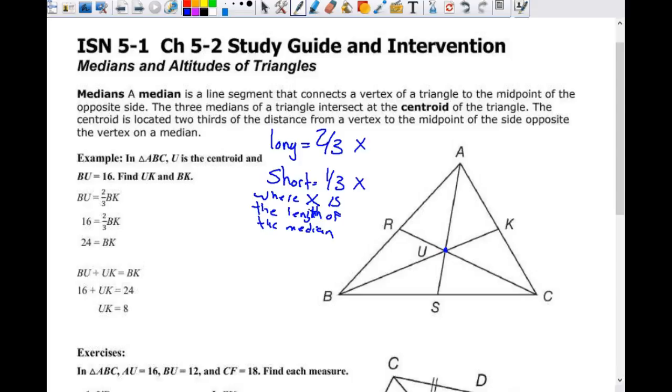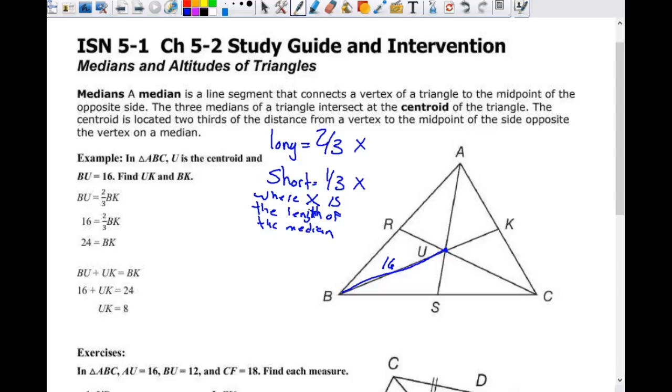Let's do an example. It tells us that BU is equal to 16. It wants us to find UK and BK. So, what is the only piece of information we have here? 16.